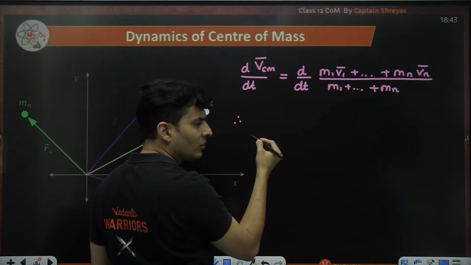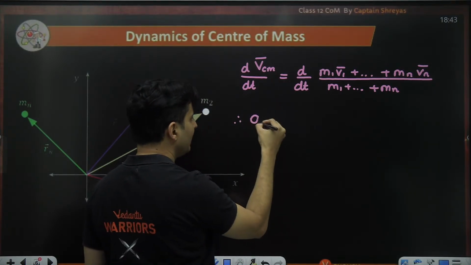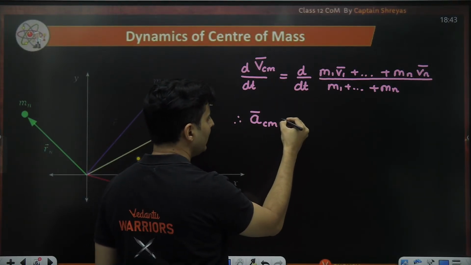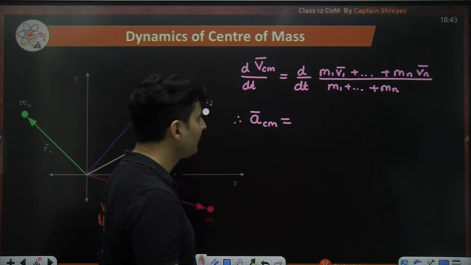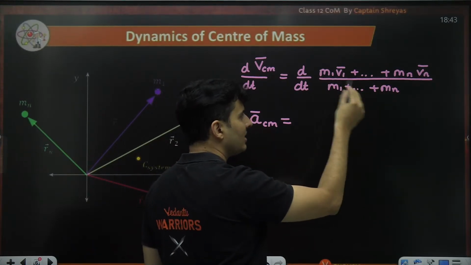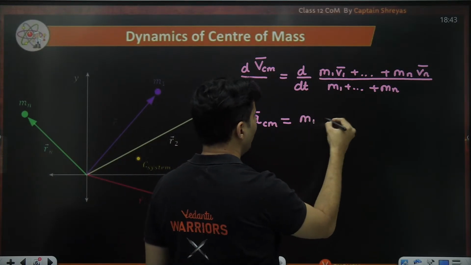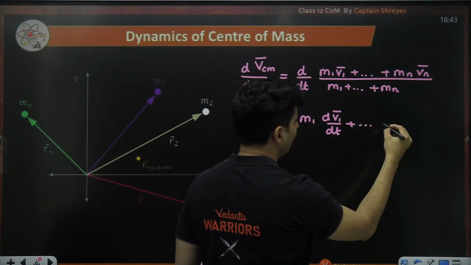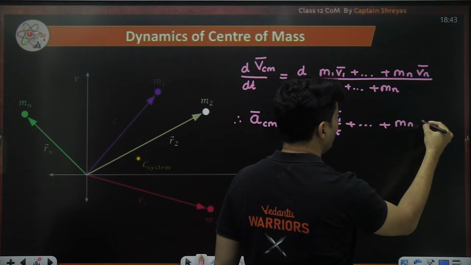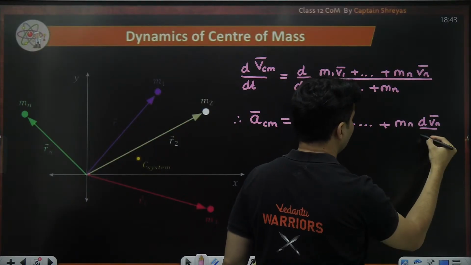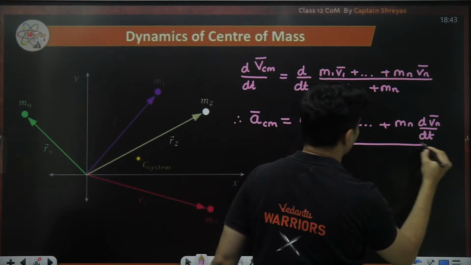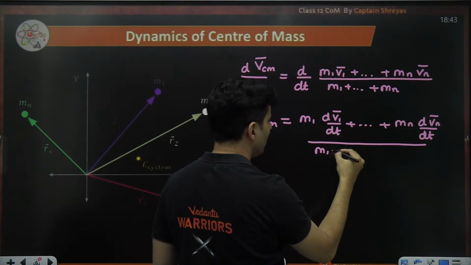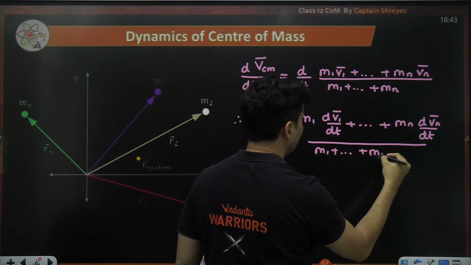Derivative of velocity. What is it? Rate of change of velocity is acceleration, but this will be more specifically the acceleration of the center of mass. Now over here, using the same logic, you will have m1 times the derivative of the first velocity, then the derivative of the second velocity, and like that the derivative of the nth velocity, right? The whole thing divided by that scalar addition m1 plus m2 like that till mn.